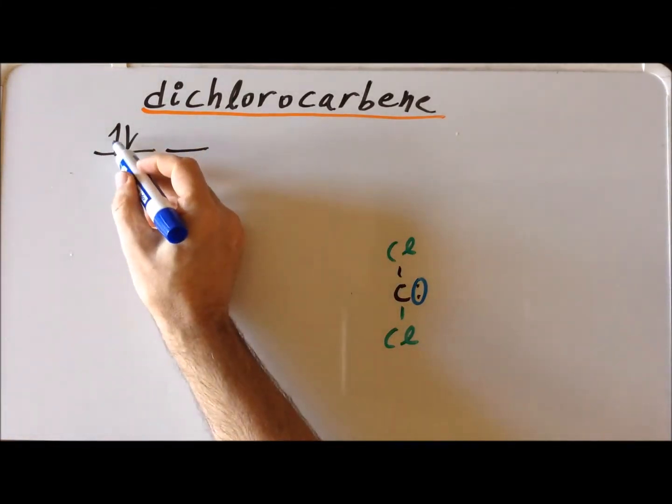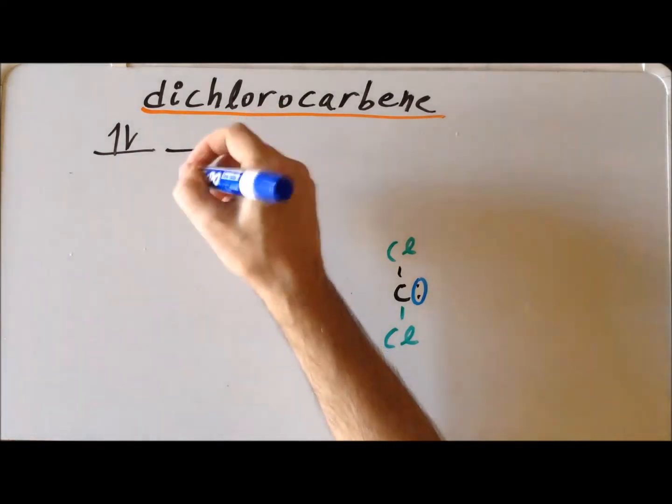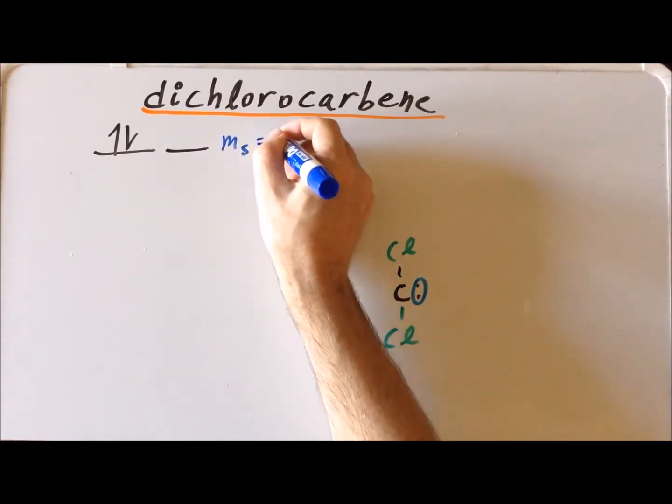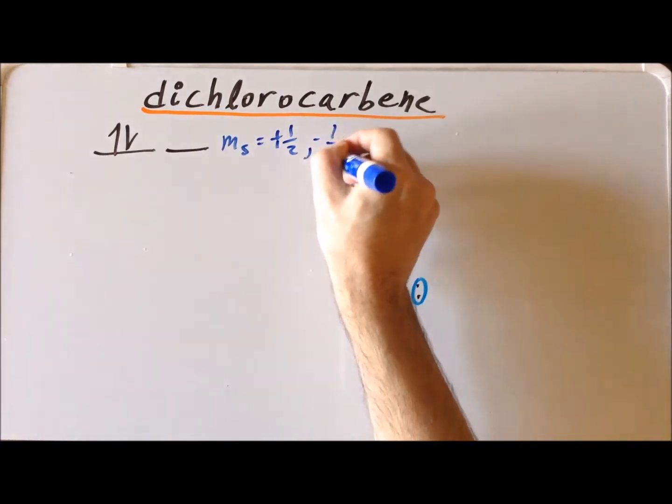We recognize that the 2 possible m sub s spin states for electrons are plus a half for an up electron and minus a half for a down electron. So that's m sub s. We have one that's plus a half and one that is minus a half.